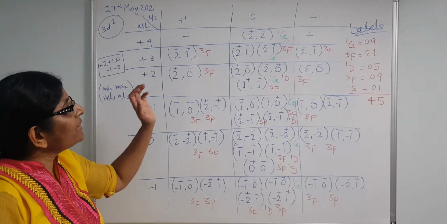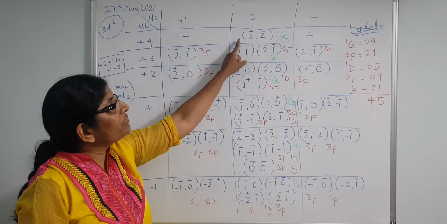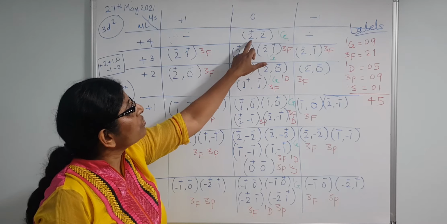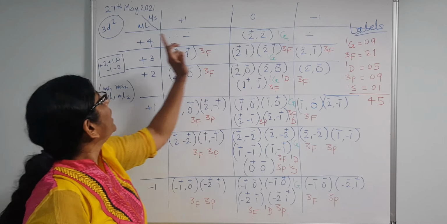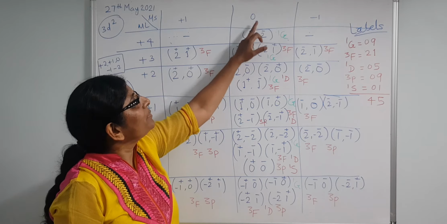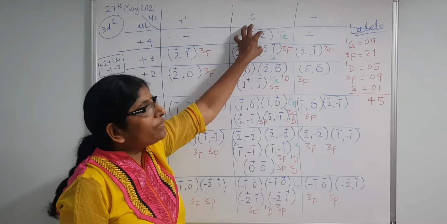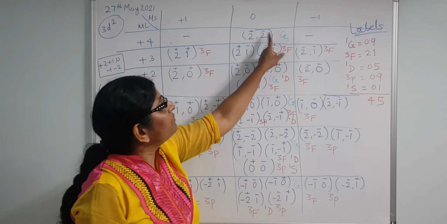Now, as I explained in the earlier microstate table, we have to consider the first microstate in the table. So the first microstate was 2 plus 2 minus. That means 2 plus 2, ml value is plus 4, and plus half minus half, ms value is 0. So in this block, whatever microstate will come, for that we have to write label G for L equal to 4.